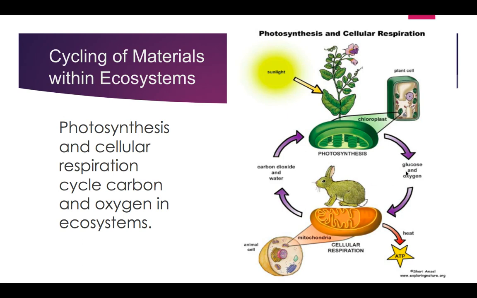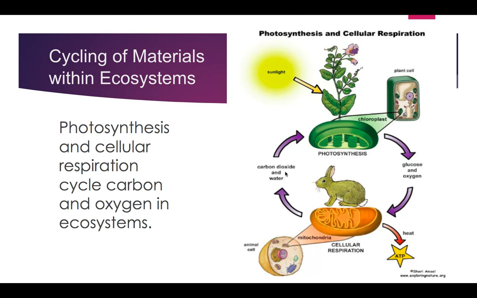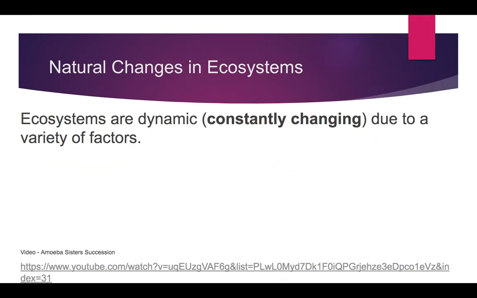So it's going to breathe in that oxygen. It's also probably going to have a little snack on leaves on this plant and obtain some glucose. And now the mitochondria in my rabbit cells can create heat or ATP energy and the byproducts again of carbon dioxide and water. And you can see the cycle continues. You can see how linked mammals and plants are to one another through photosynthesis and cellular respiration.